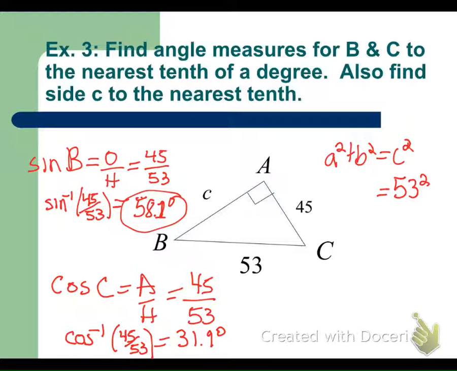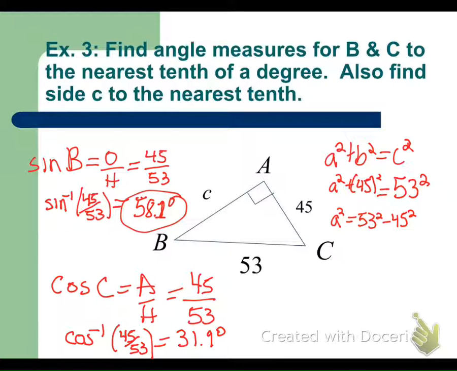You can label these either direction, but 45 could be representative of the b. So 45 squared plus a squared. We want to get a by itself, so we subtract 45 squared. I have a squared equals 53 squared minus 45 squared.